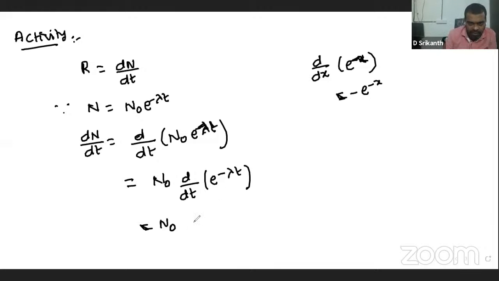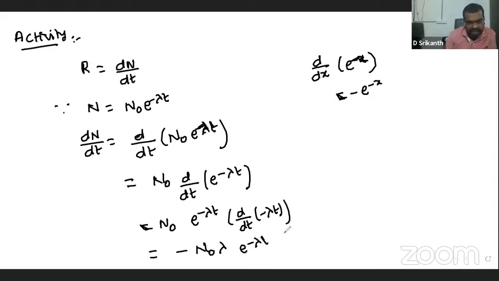So I first write e power minus lambda t, into the inner function's differentiation, d by dt of minus lambda t, which is minus lambda. So we get minus lambda times N naught e power minus lambda t.